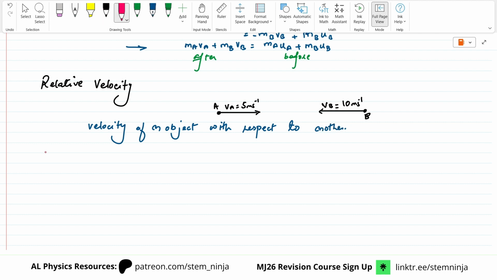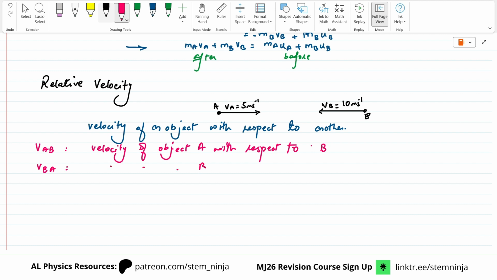So nomenclature-wise, if we write AB, this is going to be velocity of object A with respect to B. So let's write it once. Velocity of object A with respect to B. Similarly, VBA would be opposite.